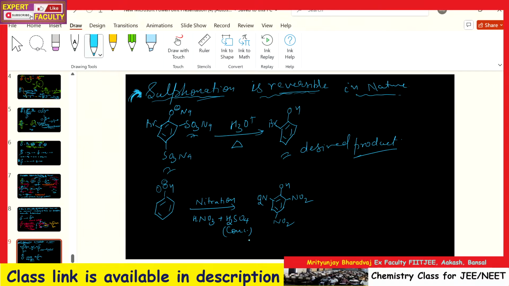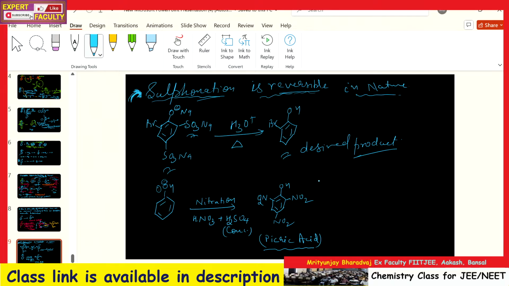This compound is called picric acid, a very famous compound. Phenol is not a very common acidic group. It is a very mild acid among organic acids.